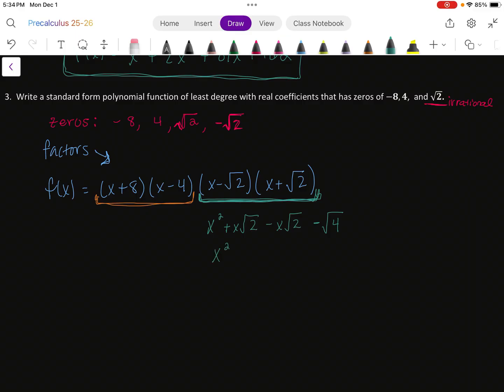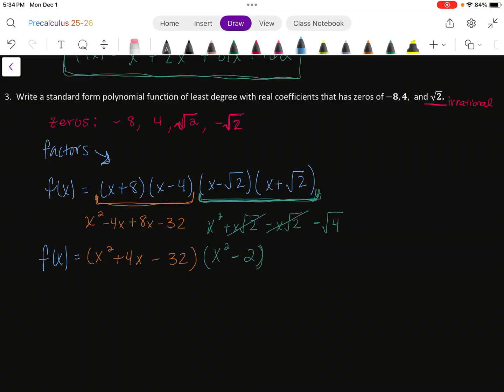This becomes x squared minus 2. Those middle two terms, again, will cancel out. I'll go ahead and FOIL these orange ones. X squared minus 4x plus 8x minus 32. And that becomes x squared plus 4x minus 32.